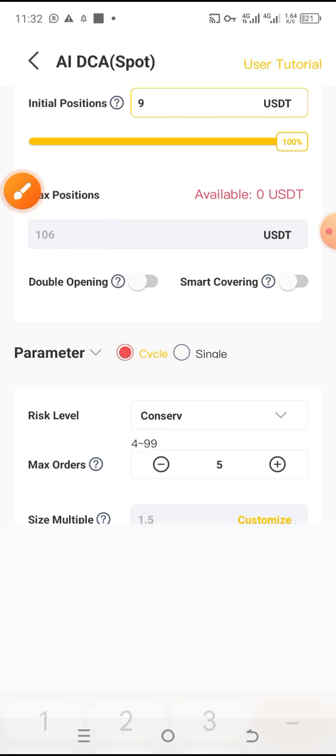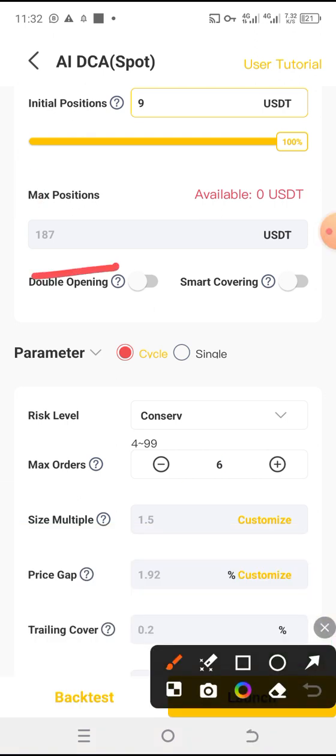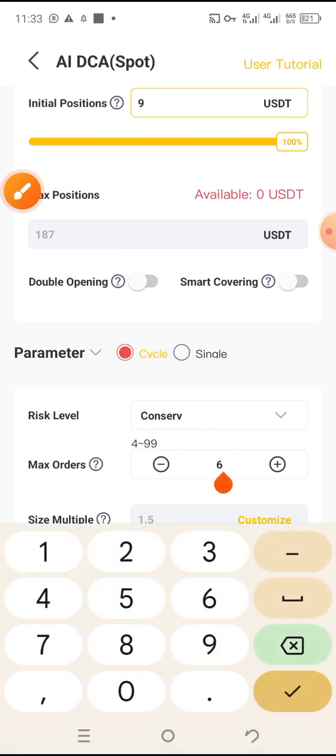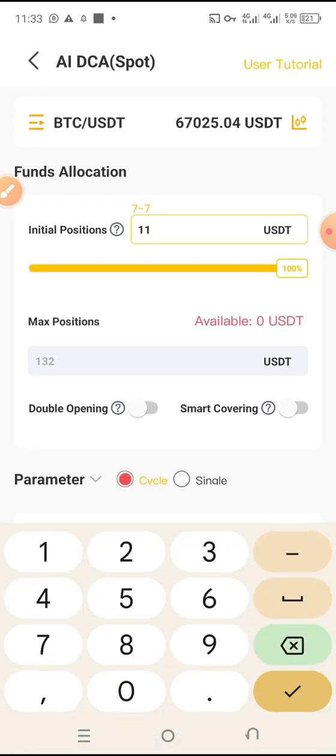So if you want to change this to 6 orders, you see it is already $187. So you might just rest at 5 orders below. No, this is 10. That is why it's changing. You might change this back to probably 8.